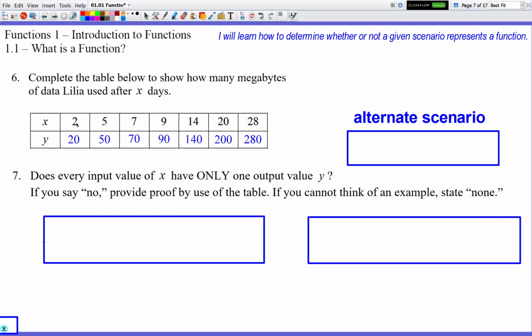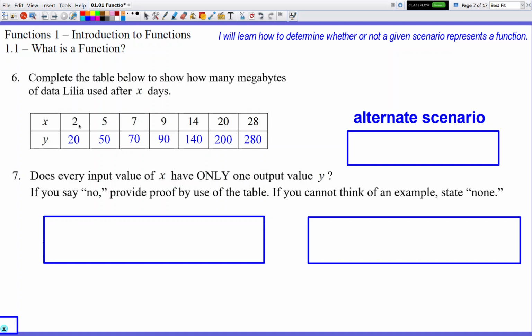So let's say I had a scenario where it says 2 days have passed so far, and Lilia used 20 megabytes of data. And let's say we have another scenario where 2 days have passed, and now she used 25 megabytes of data for 2 days. So in one scenario, 2 days have passed and she has 20 megabytes of data total used so far.